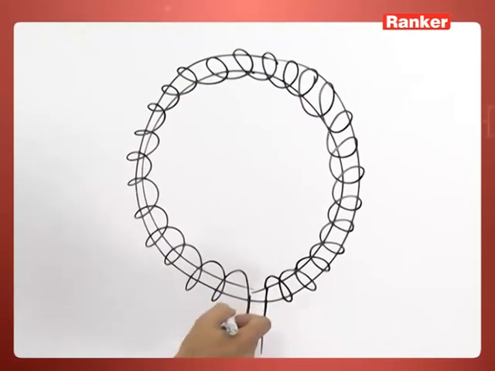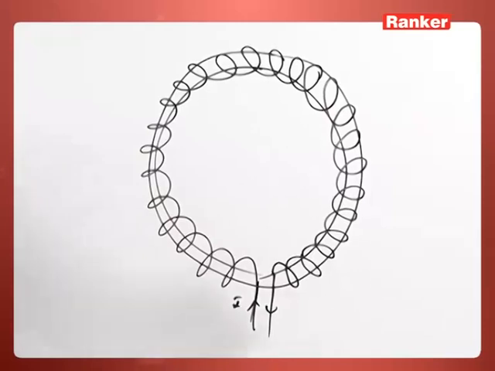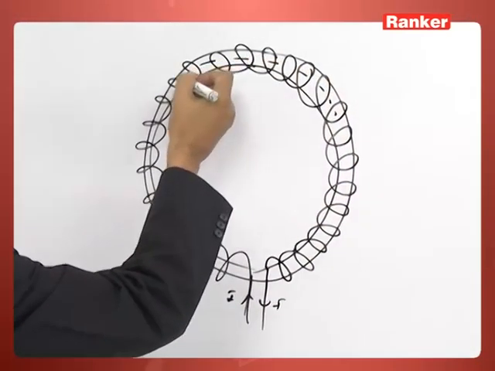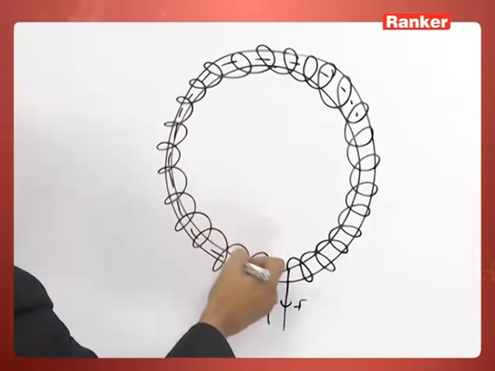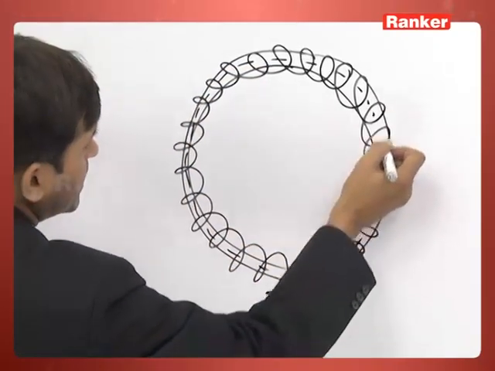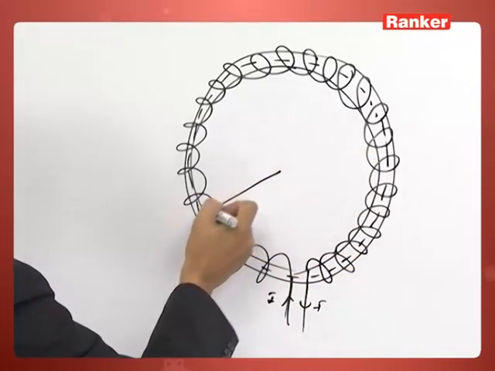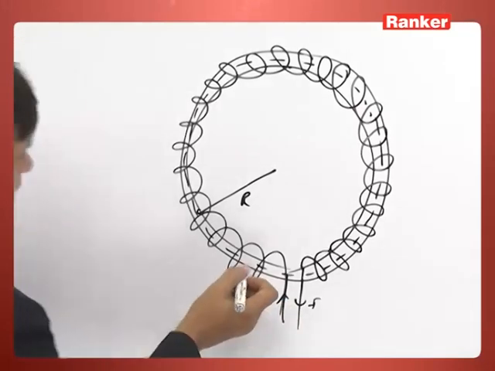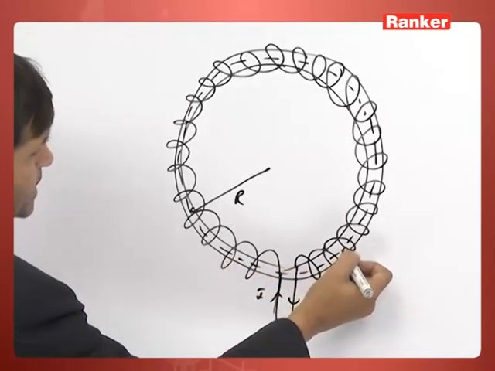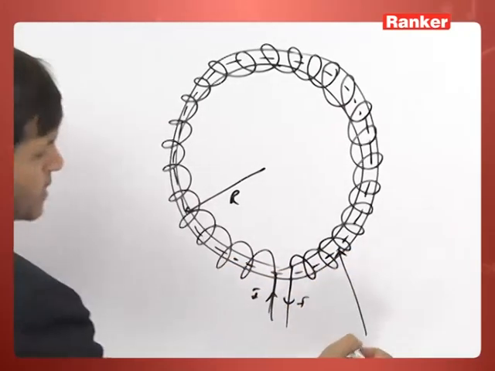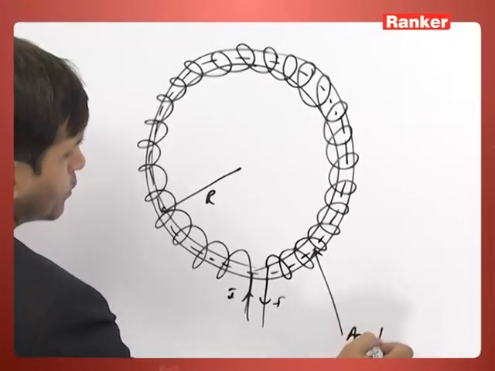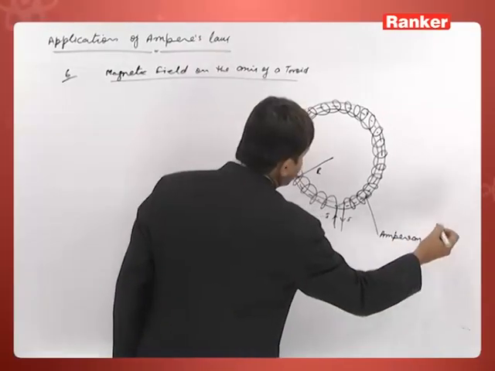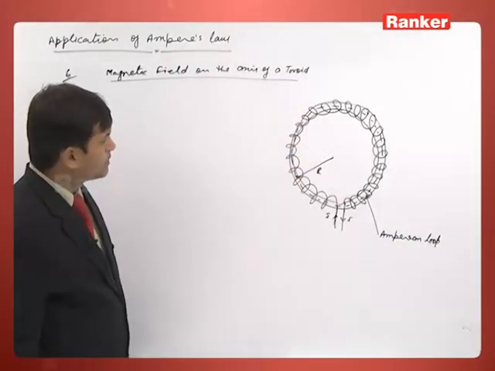If I is the current here, and this is called your axis, and this axis we can assume as an Amperian loop also. r is the radius. So this is taken as an Amperian loop.